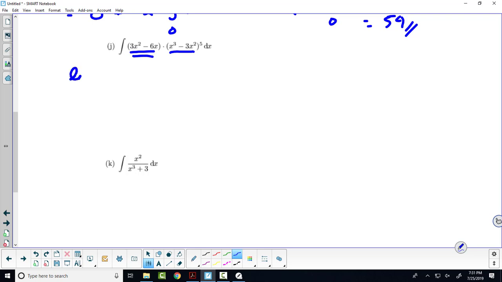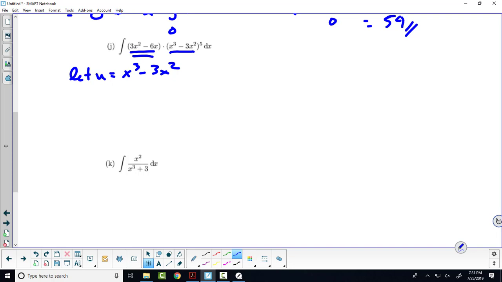We go ahead and we say let u equal the expression. We let u equal x cubed minus 3x squared. Okay? Now, in math, you can replace anything you want with any symbol you want. Okay? But the problem comes in how is that symbol, or how are those expressions tied to other expressions?